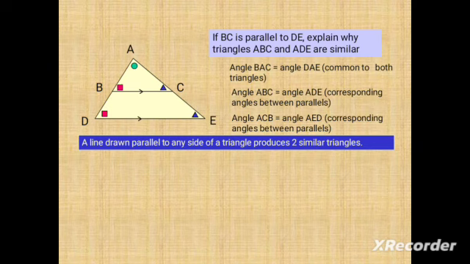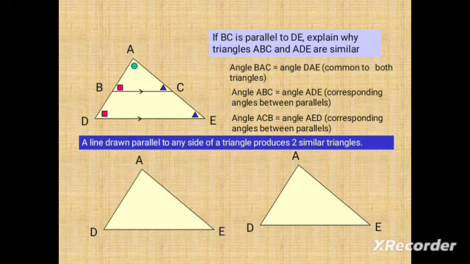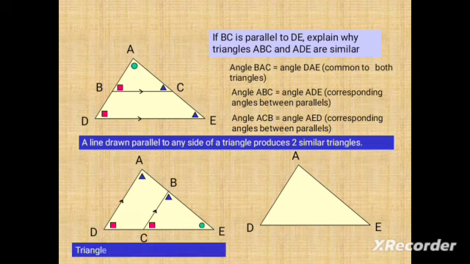So a line drawn parallel to any side of a triangle produces two similar triangles. For example, we have triangle ADE. If we draw a line BC, then that means that triangles EBC and EAD are similar.